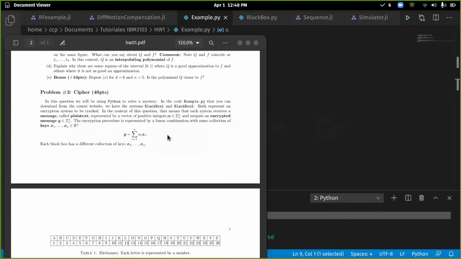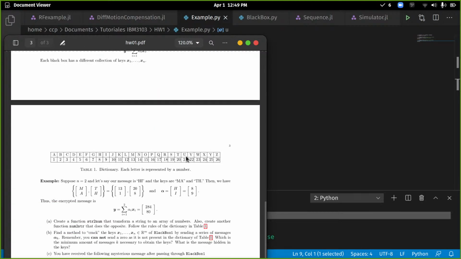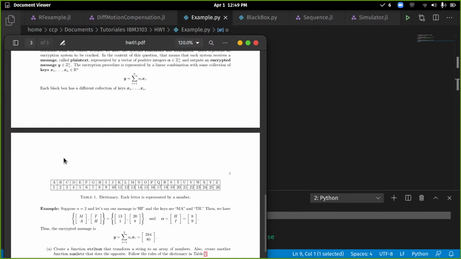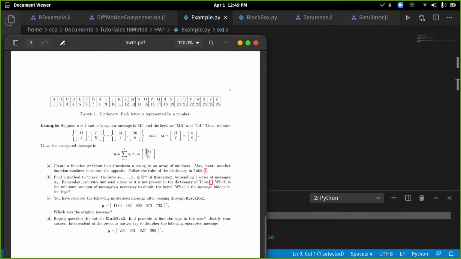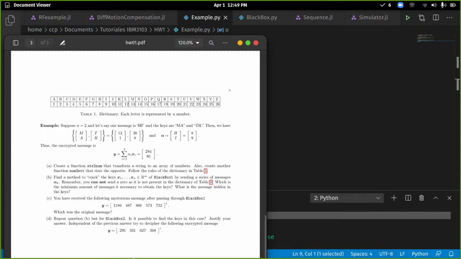And the idea of this question is that you need to find a method to solve for the keys. The keys are inside Blackbox, and are defined in this question as just vectors. The easiest way to do it would be interpreting this as a matrix.